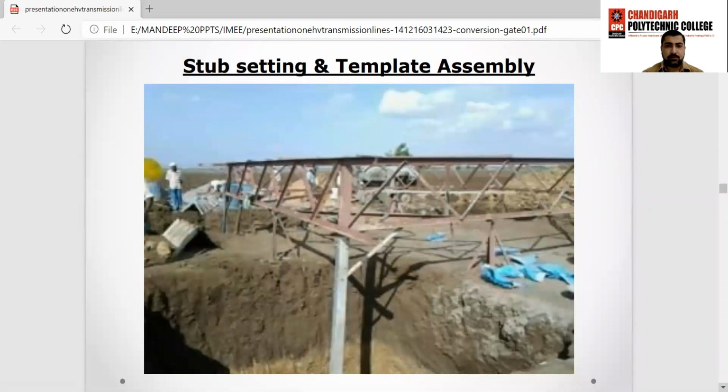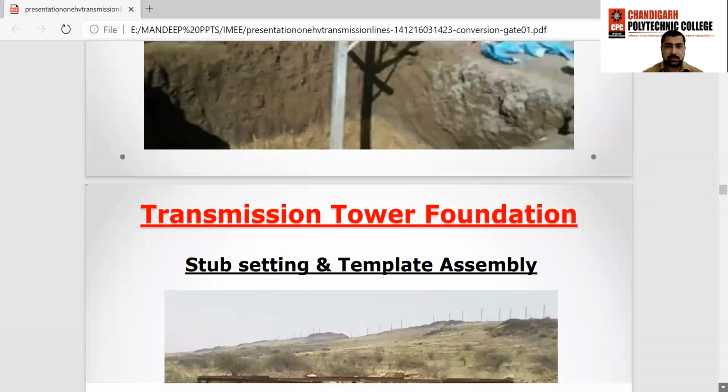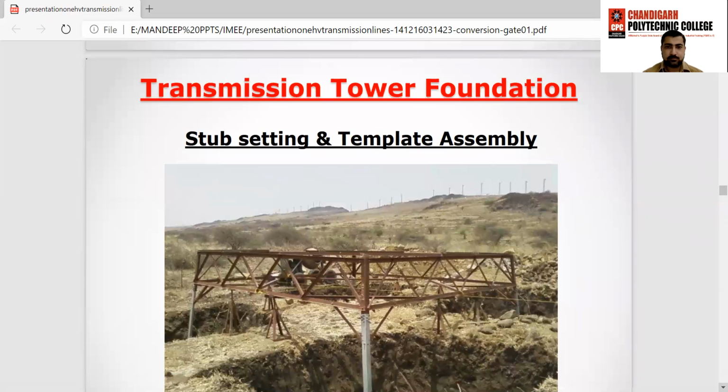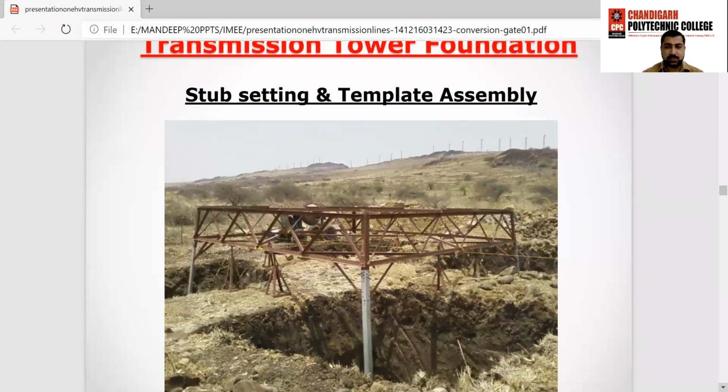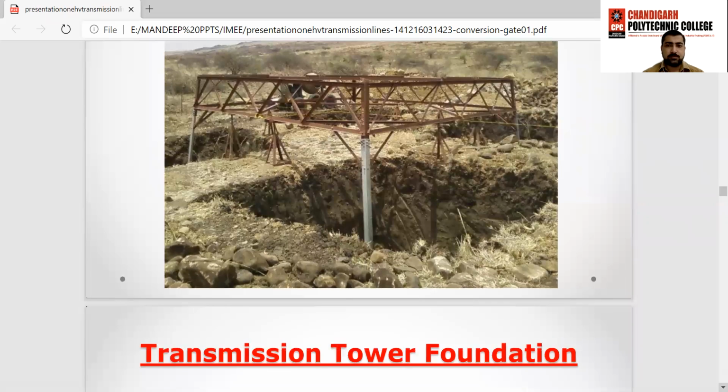The next one is stub setting and template assembly. There are 4 legs for a tower and stubs are set in each excavated pit. Here is the picture for stub setting to easily understand the actual foundation.